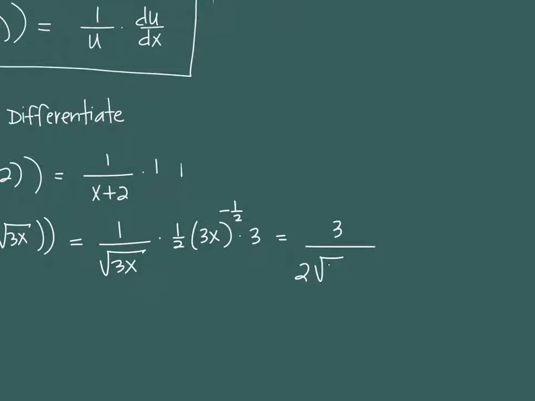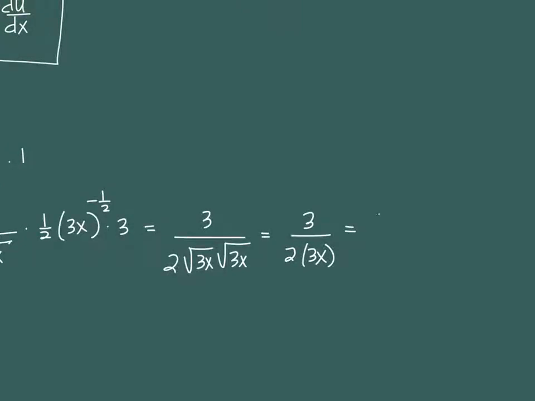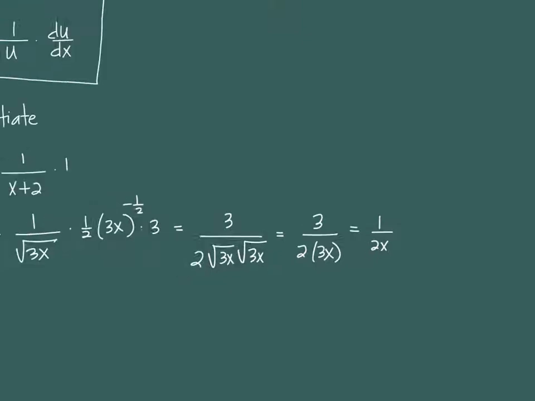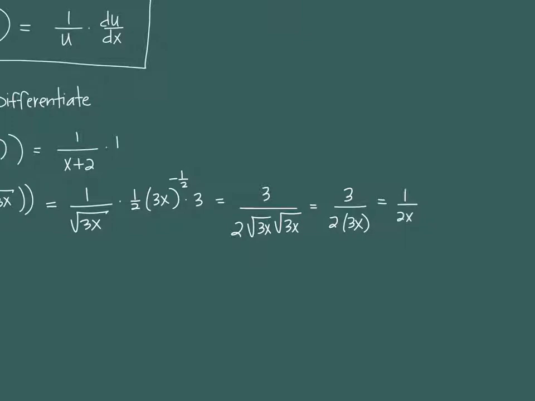It would have a square root of 3x from the first one that we had, the first reciprocal, and another square root of 3x because of the chain rule, which gives me 3 times 2 times the quantity 3x, which simplifies down to 1 over 2x. So once you get past the initial rule, then you've got the chain rule and the simplification to get it down to its more simple form.